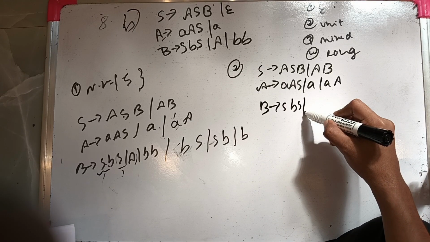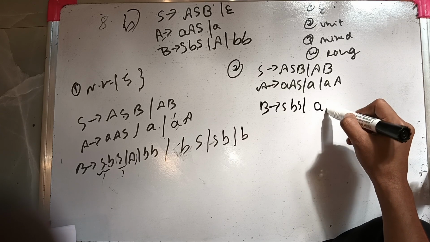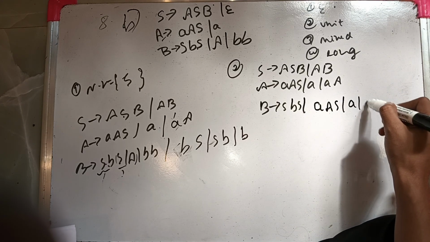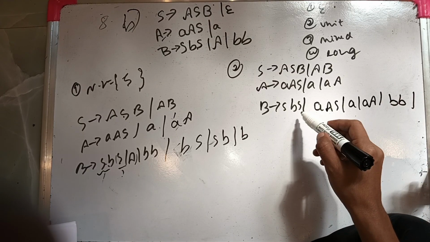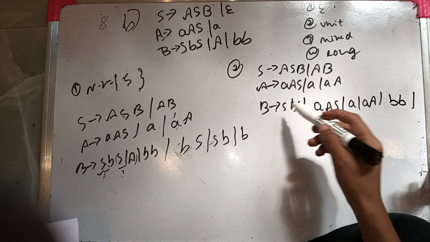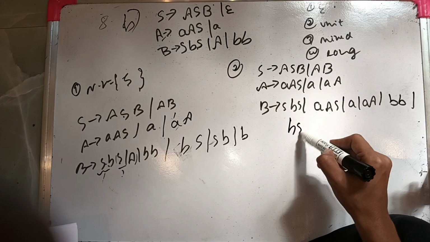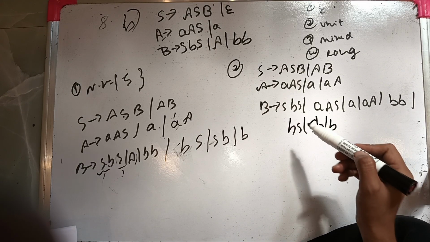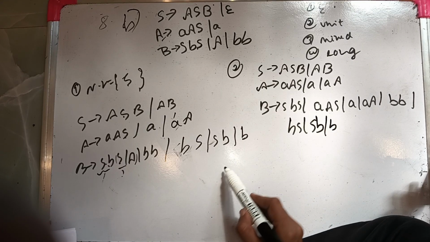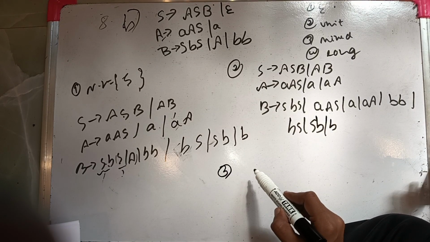In the place of A, substitute AAS, AAA, and BB. After that BS, SBB.